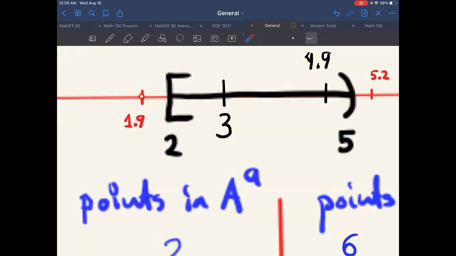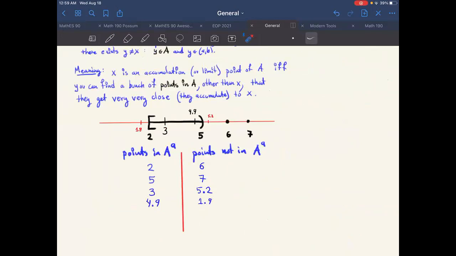And you may say again, what about this, Professor? No, the closest that you can get is a distance of 0.1, but you cannot get inside this interval. There are no black points in that little interval. That's why 1.9 is not an accumulation point.